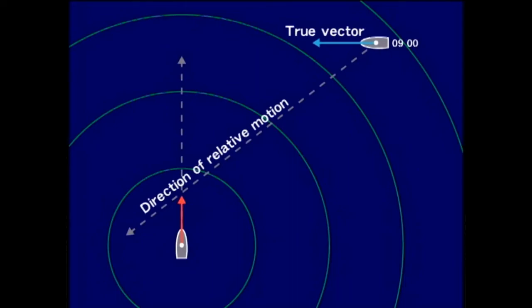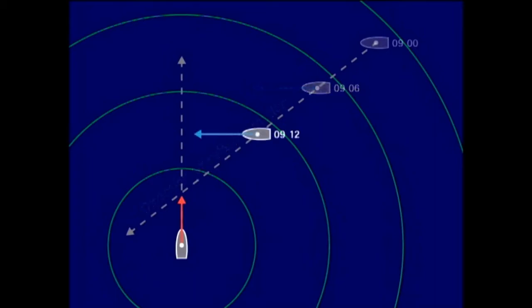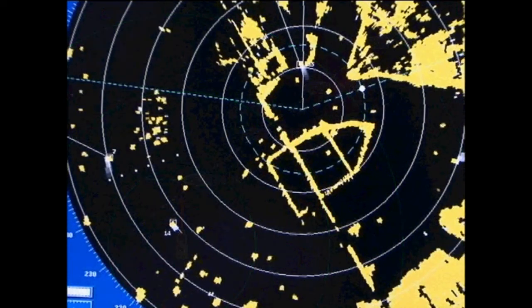In true vector mode, the direction of the target's vector stands for its true course, while the vector length is proportionate to its speed. This makes it possible to correctly grasp movements of nearby vessels.